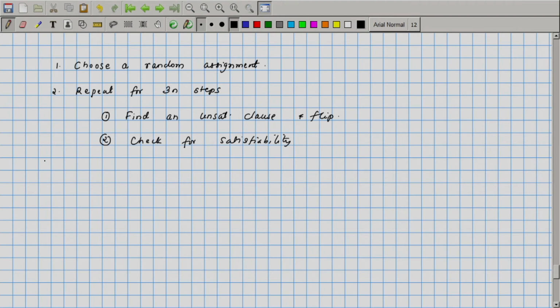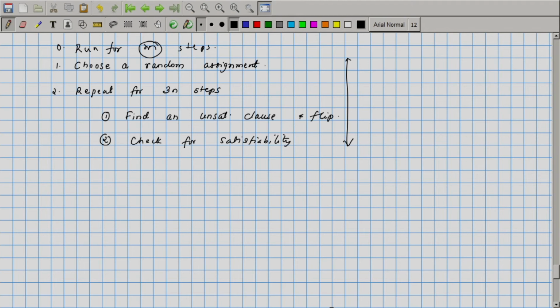Okay, and then this entire sequence, so let me say I will add a 0th step, wherein I will restart with a new random assignment, okay, so this I will run for, let us say, m steps. Okay. So, there are 2 loops. So, this m we will fix later.